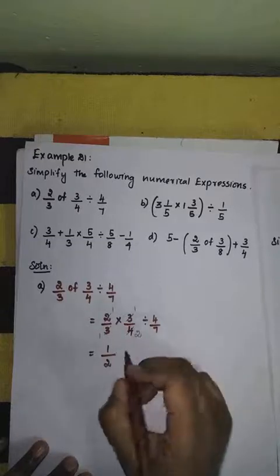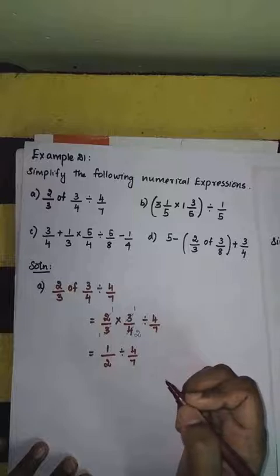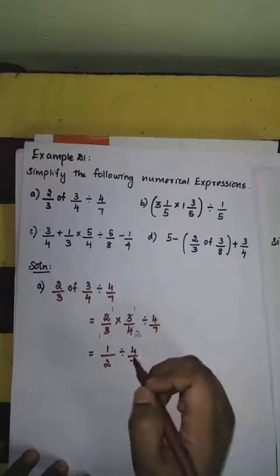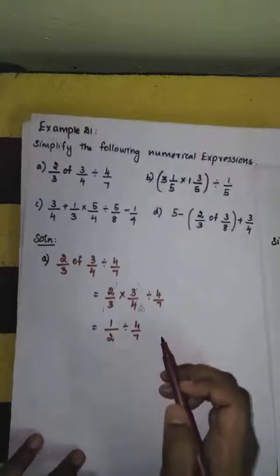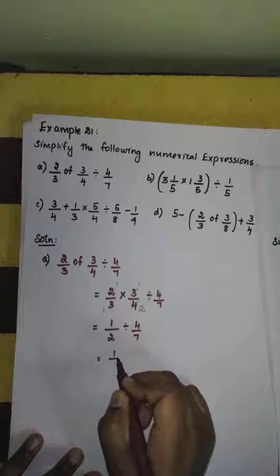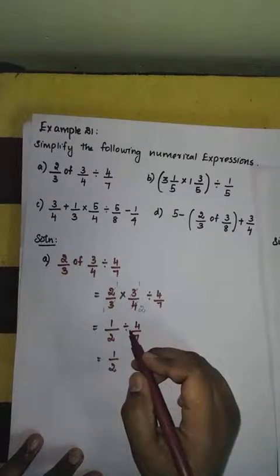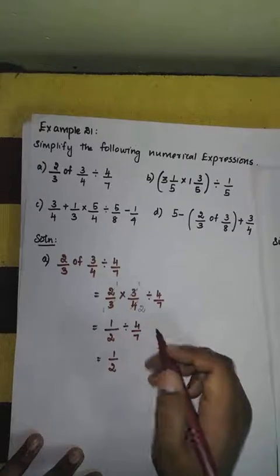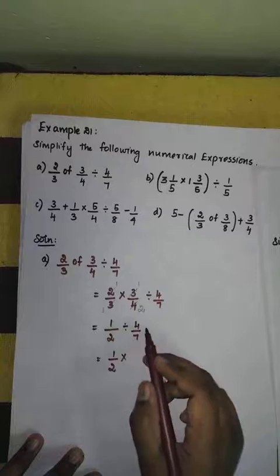Then take the remaining number, divided by 4 by 7. Now we are going to divide 1 by 2 by 4 by 7. You all know how to divide, right? The division sign will change into a multiplication sign, and take the reciprocal of the second fraction.